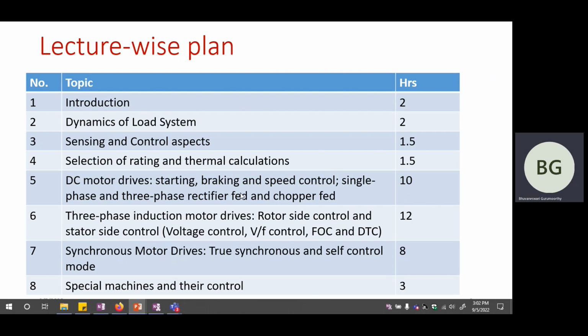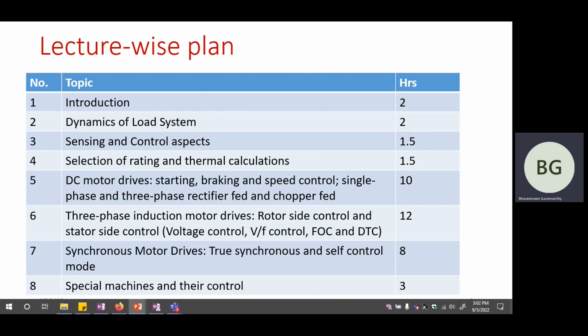After that, we will really come into the meat of the topic, which corresponds to the DC motor drive, three-phase induction motor drive, and synchronous motor drive. For the DC motor drive, we will talk about both separately excited and shunt motors, which are almost going to behave the same way.